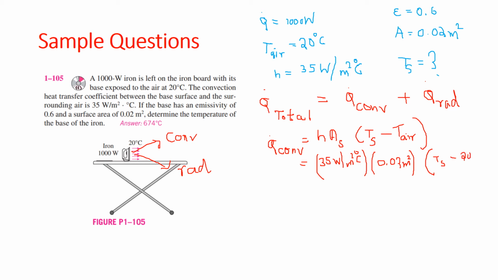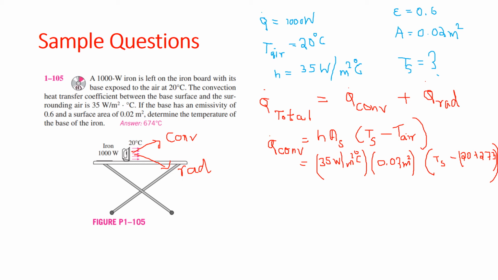But you have to convert it into Kelvin because Ts is unknown, so you add 273. Okay, so that is Q convection.